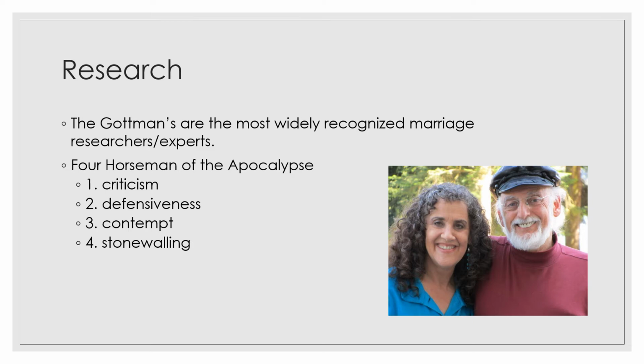Number two is defensiveness. This is most often a reaction to criticism within the communication pattern, and more often than not, it's just a reflex. It's just what we do to protect ourselves in that fight or flight.